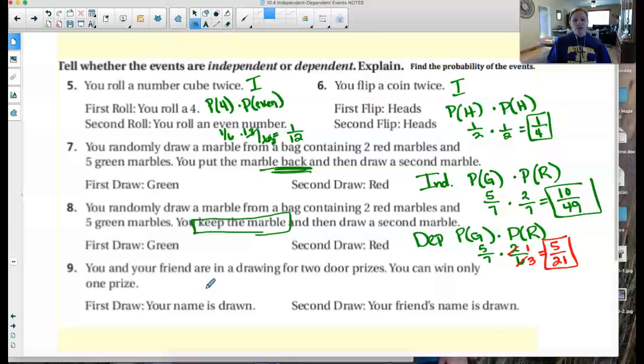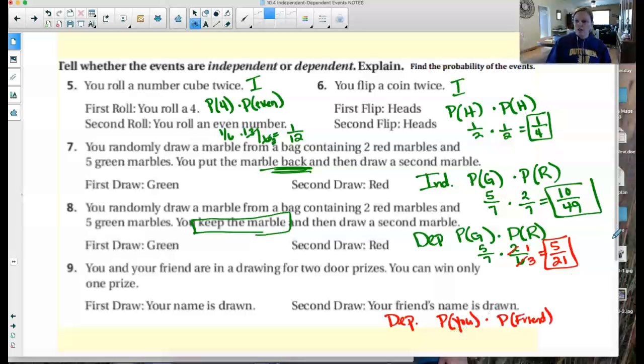Okay, you and your friend are in a drawing for 2 door prizes. You can only win 1 prize. So what's the probability that your name is drawn and then your friend's name is drawn? Because once your name is picked, it is kept out of the bag. That means these are dependent events. So the probability of you times the probability of your friend.